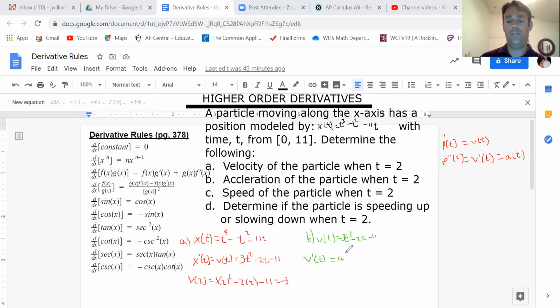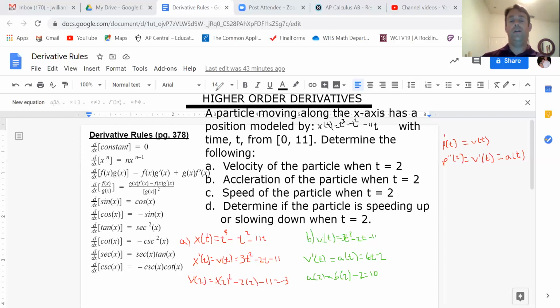And again, this is the second derivative of position. So that means I get 6t minus 2. So plug in our 2. And I would have 6 times 2 minus 2, which would be 10.